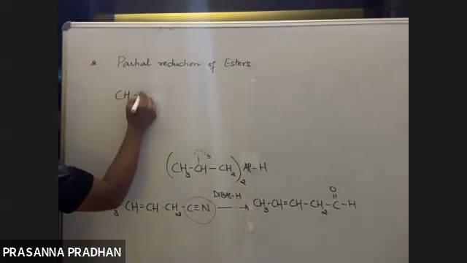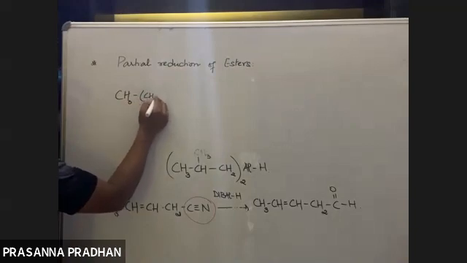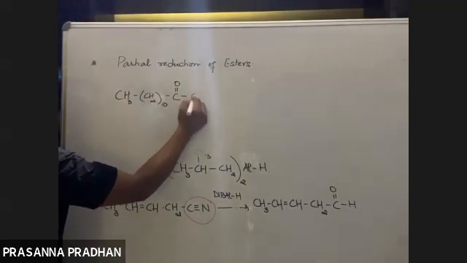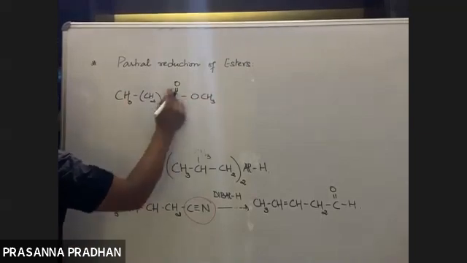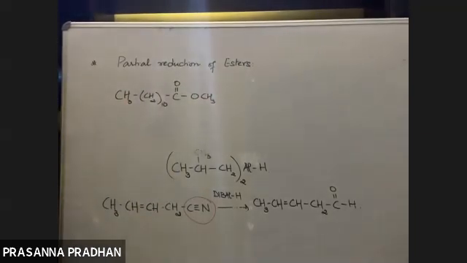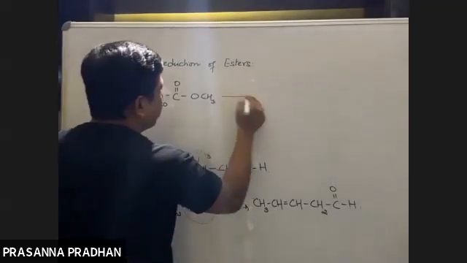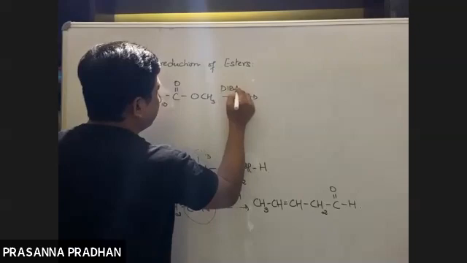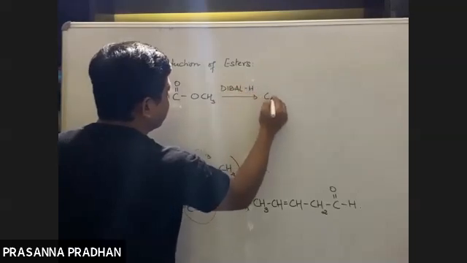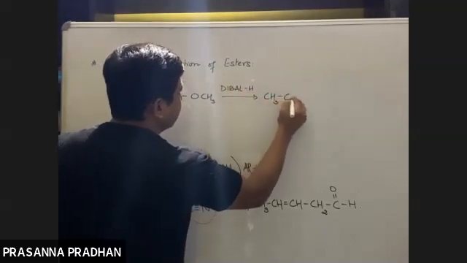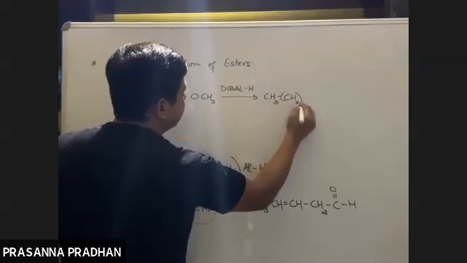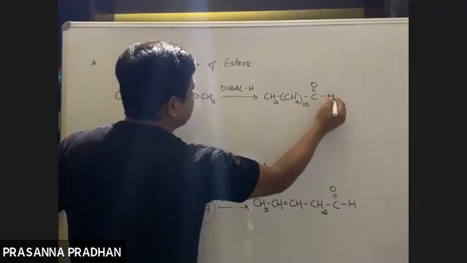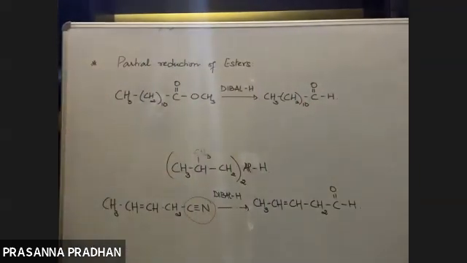So I have 10 CH2 groups like this, then C double bond O, OCH3. So I have a COO group, it's an ester. So what will happen if I employ this reagent, diisobutyl aluminium hydride? CH2 whole 10, then I'll be getting C double bond OH like this. I'll get the aldehyde group.